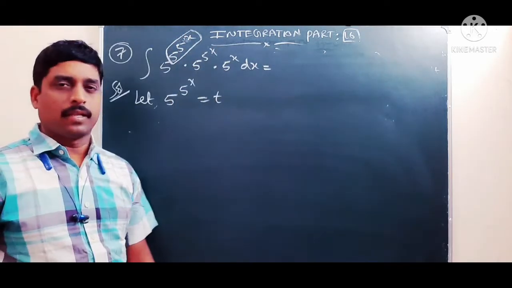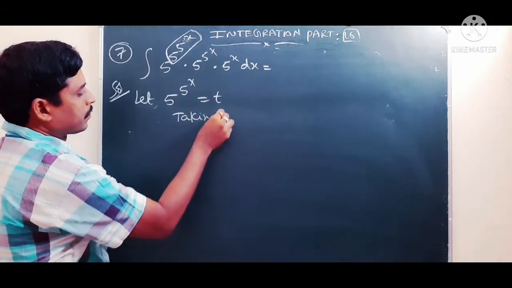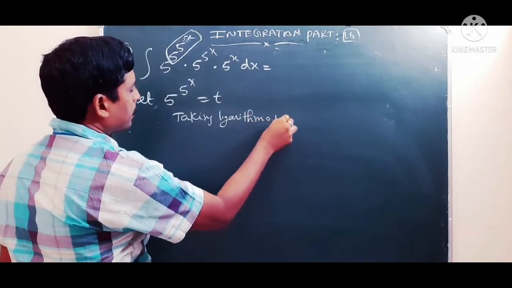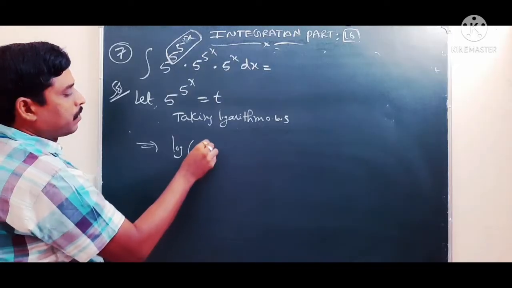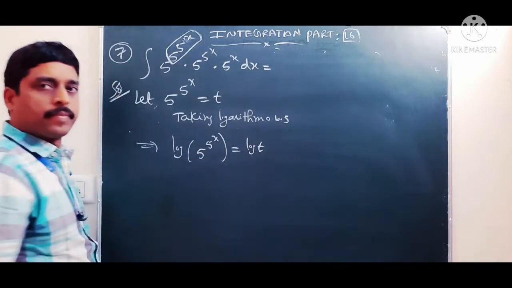Now taking logarithm on both sides, log of 5 to the power 5 to the power x is equal to log t.